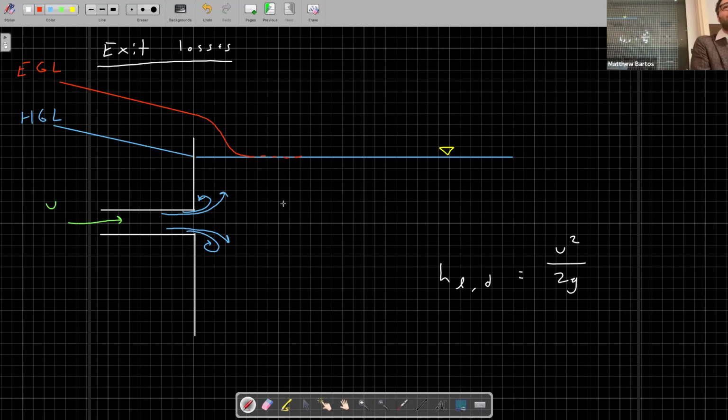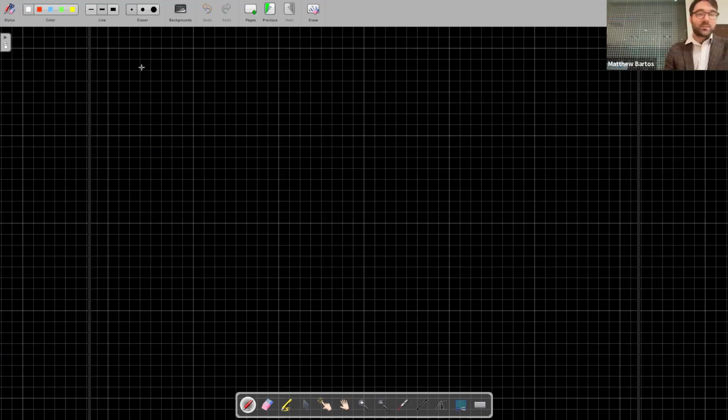So we have a couple miscellaneous cases to cover. I'll just go through these quickly because again, they're all just going to be some equation of the form K U squared over 2g. So as mentioned at the beginning of class, we have head losses in bends.